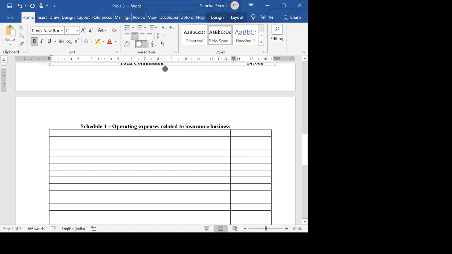And finally, we have the operating expenses. Since we have operating expenses related to insurance business, we need to take those expenses. So the expenses are salaries, which are 2,60,000.